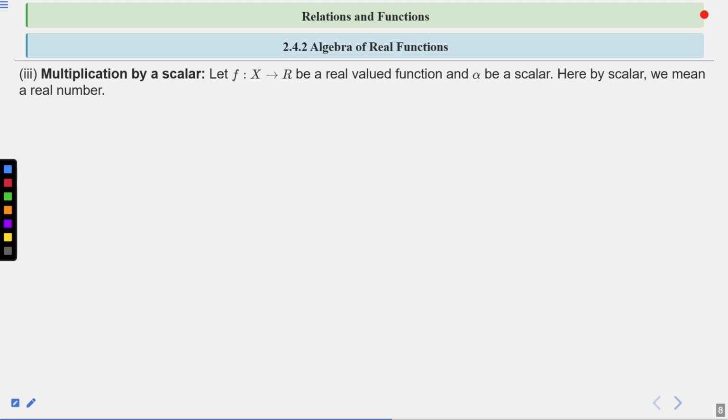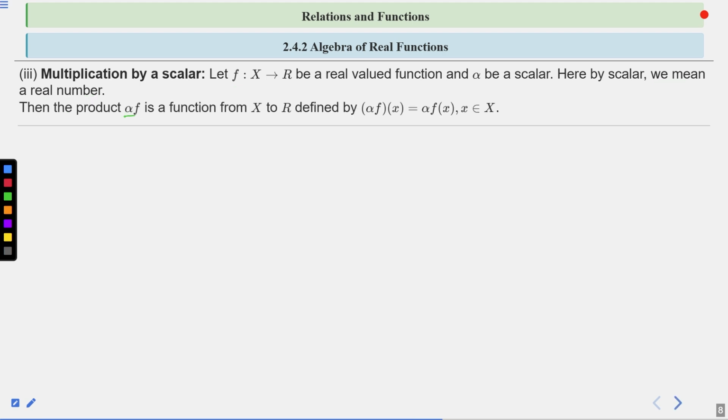Now, for multiplication by a scalar, suppose you have your function f from X to R, a real valued function, and alpha is any scalar. Scalar means alpha is some real number. Clear? Here what we mean by scalar is simply a real number.